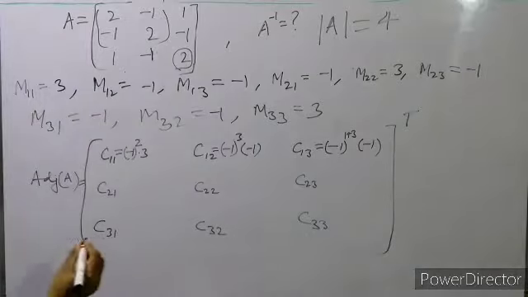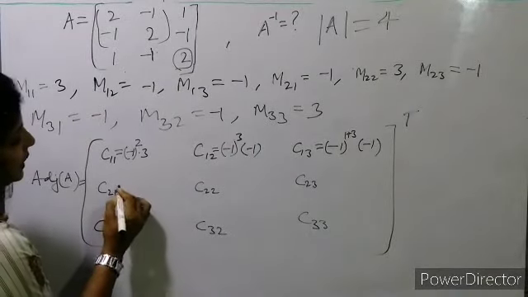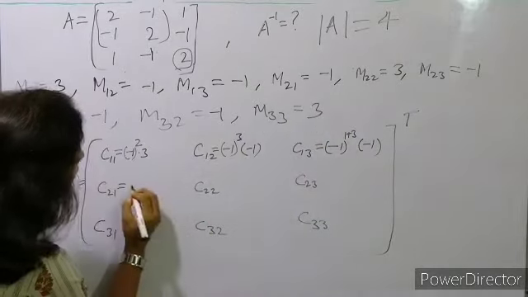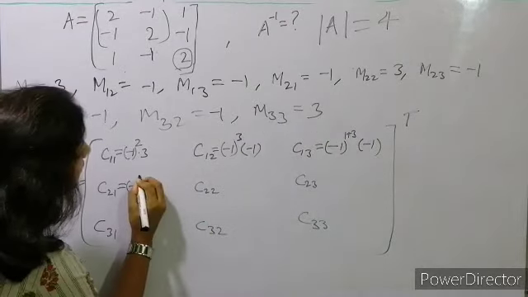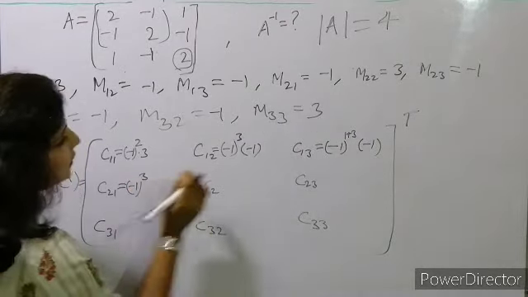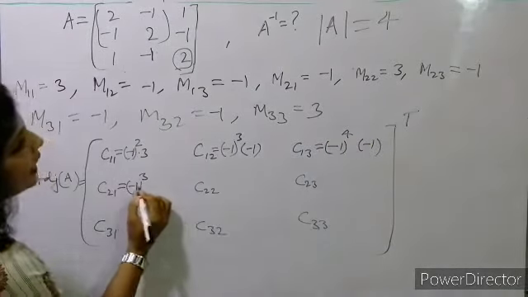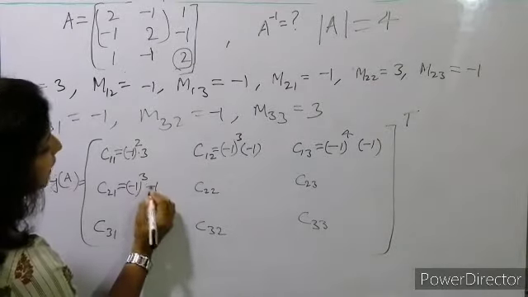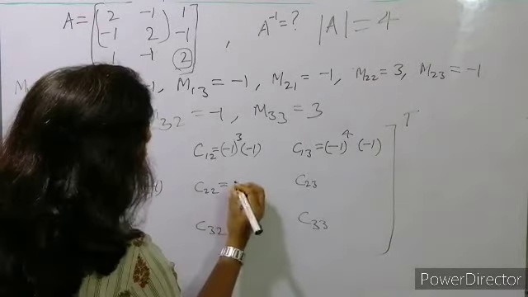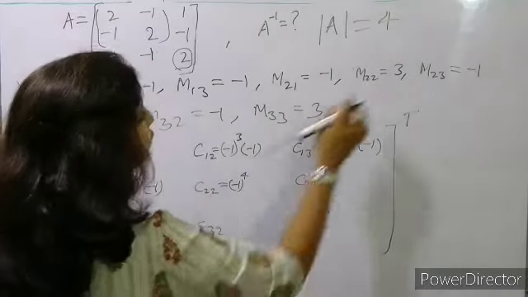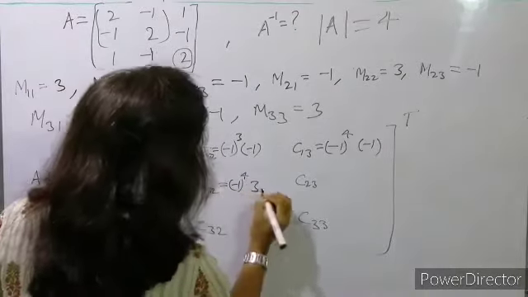Okay. Now the value of M21 is minus 1. So 2 plus 1 is 3, we directly write 4... 2 plus 1 is 3 and the value of 21 is minus 1. Now 2, 2. So 2 plus 2 is 4 and M22 is 3.